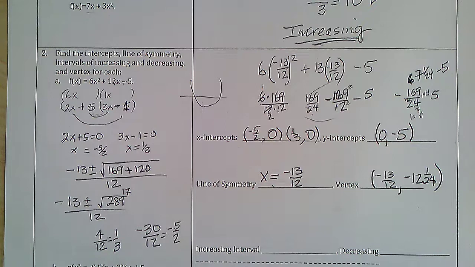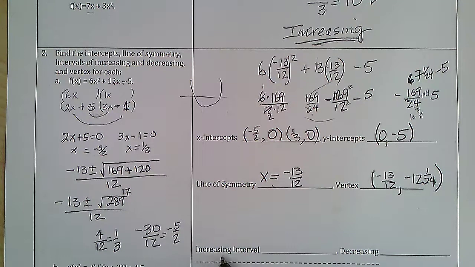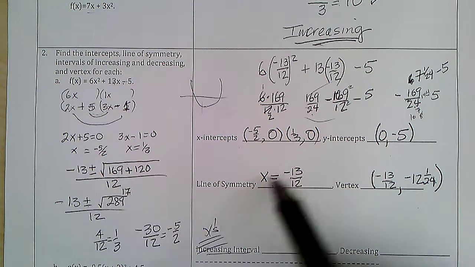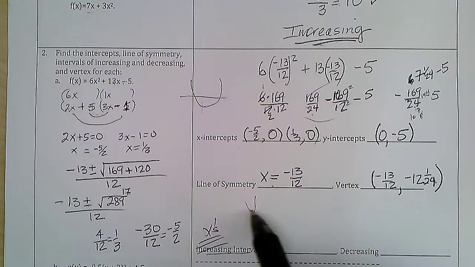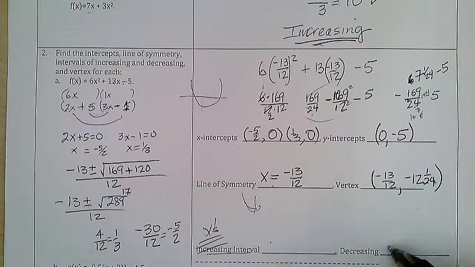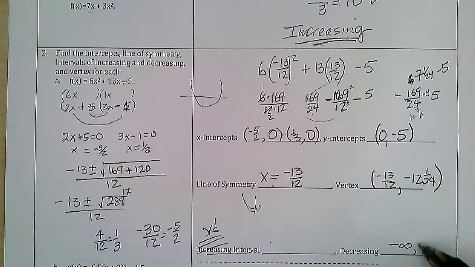Intervals of increasing and decreasing. Well, we always do this in terms of the x's. Think in terms of the x's. At x equal negative 13/12, we're at the low spot. So it's decreasing up to this place, from negative infinity up to negative 13/12.